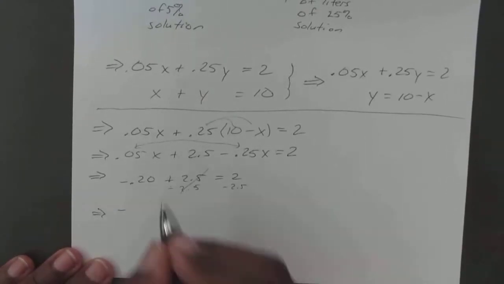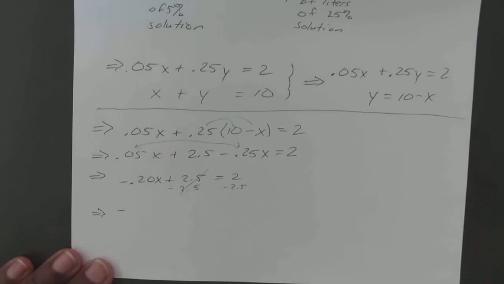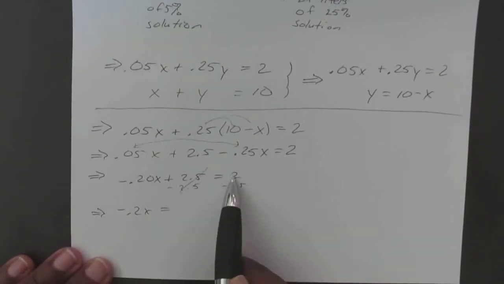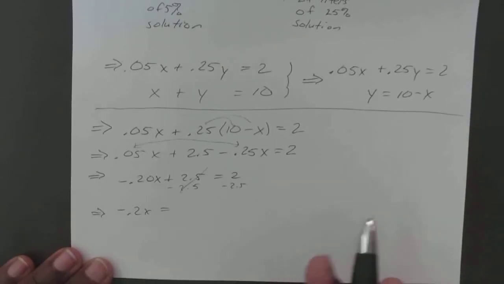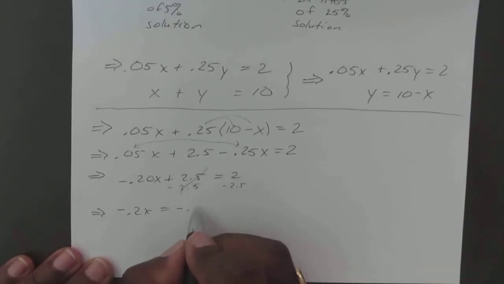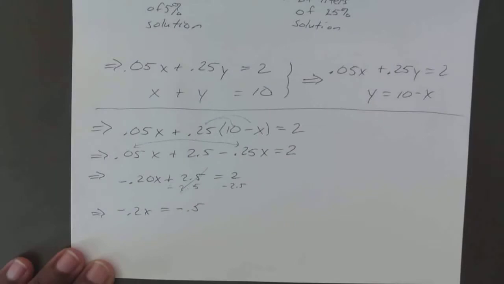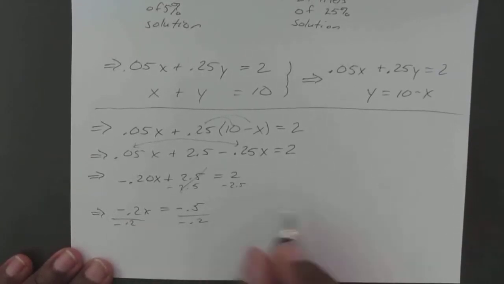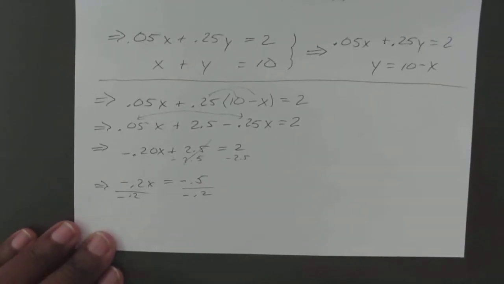So we end up with negative 0.2x equals 2 minus 2.5, which is negative 0.5. We divide both sides by negative 0.2.